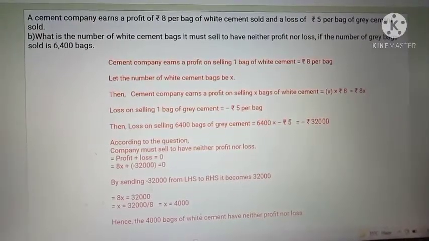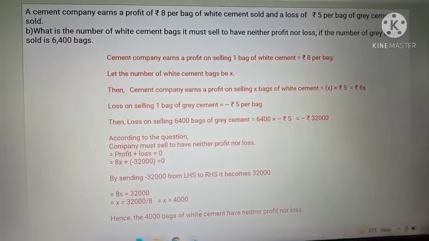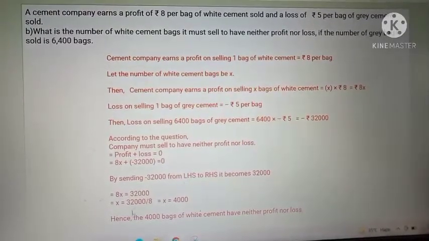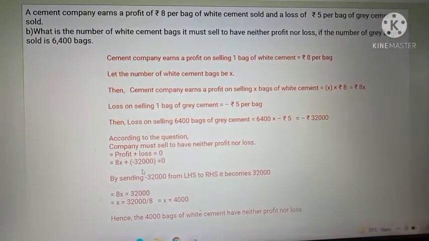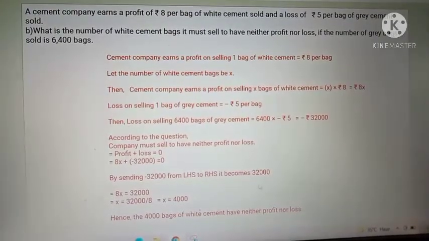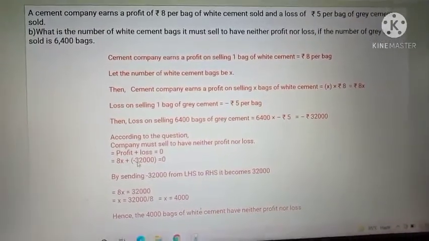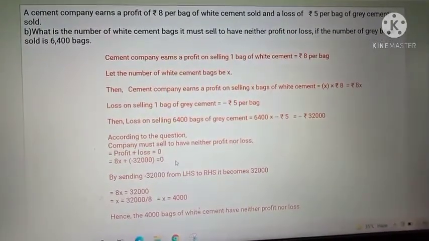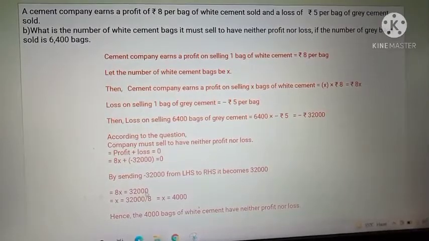By sending minus 32,000 from the left hand side to the right hand side, it becomes 32,000. We already know that when we take a number from the left hand side to the right hand side, the sign will change. So since it is minus here, it becomes plus 32,000.